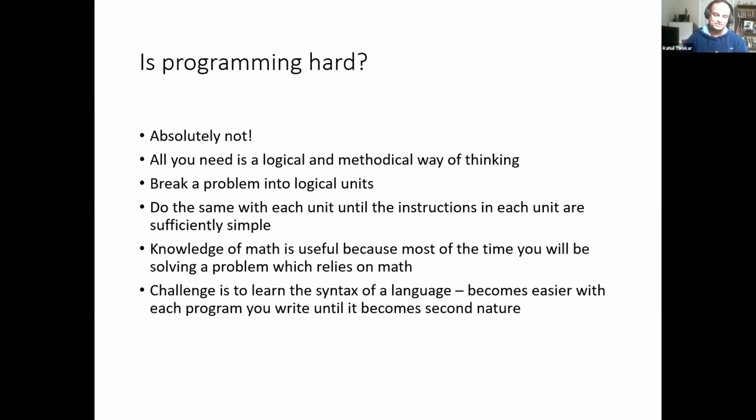So programming's greatest challenge, just the programming aspect, is to understand or learn the syntax of a language. And that becomes easier with each program that you write until it becomes second nature. So the programming is really not the complicated part. It's the development of the algorithm.